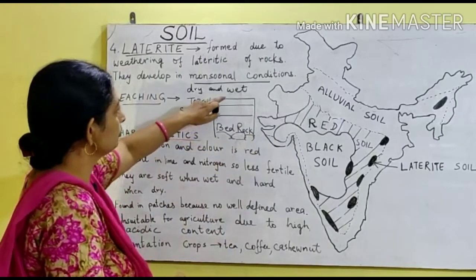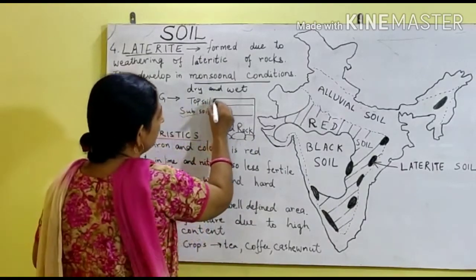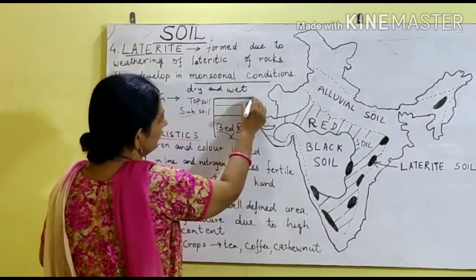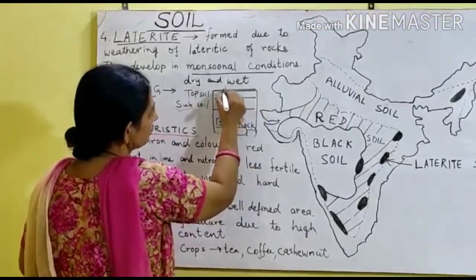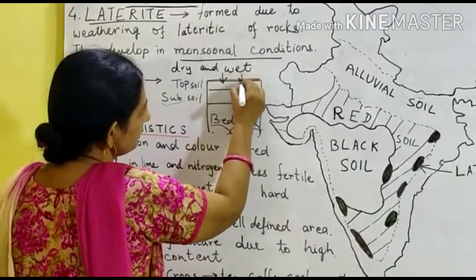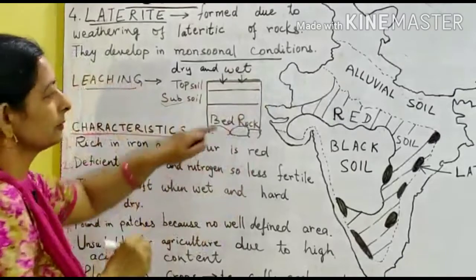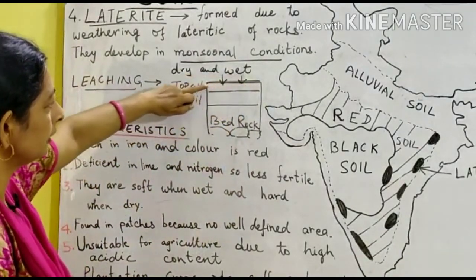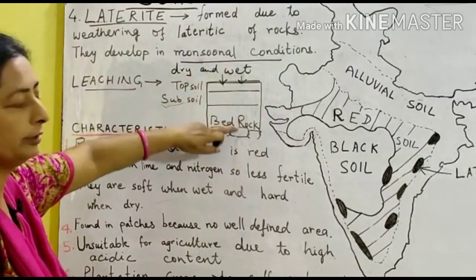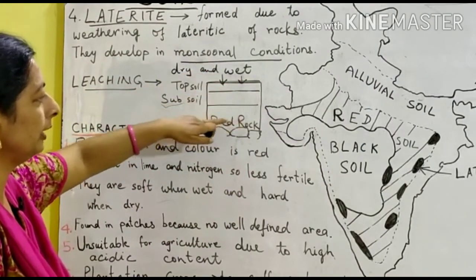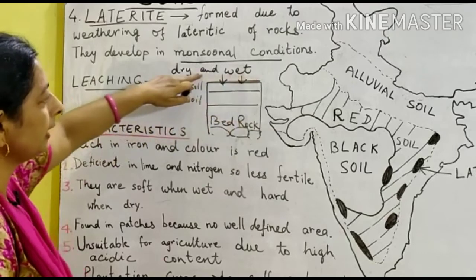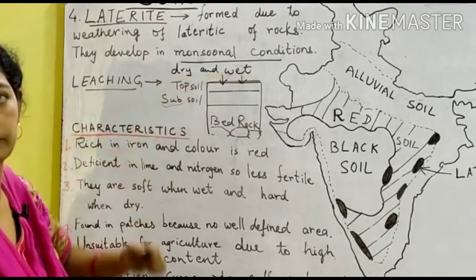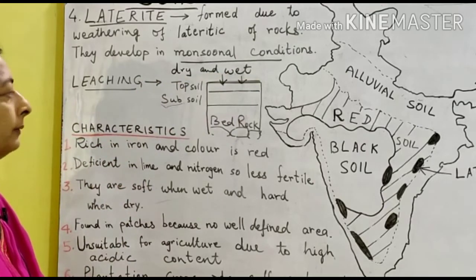Now what happens is, due to excessive heat and rainfall, the topmost layer of the soil, which contains valuable nutrients, is washed downwards. Due to percolation, the valuable nutrients present in the top layer are washed down to the lower levels. So here agriculture becomes difficult, meaning this soil becomes unsuitable for growing crops.